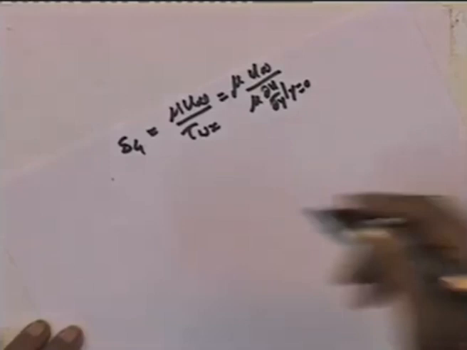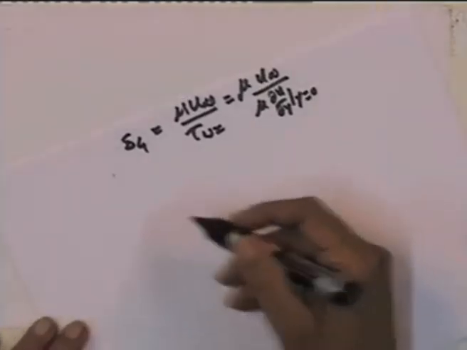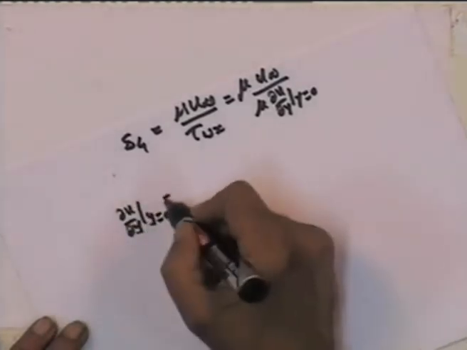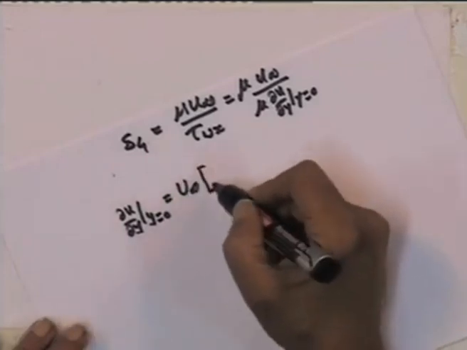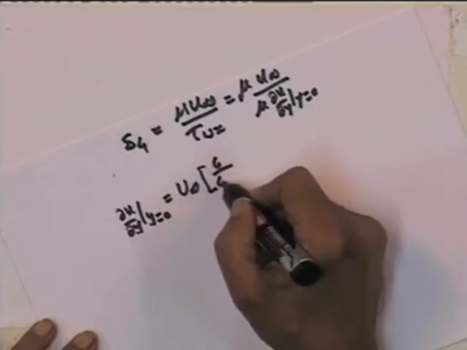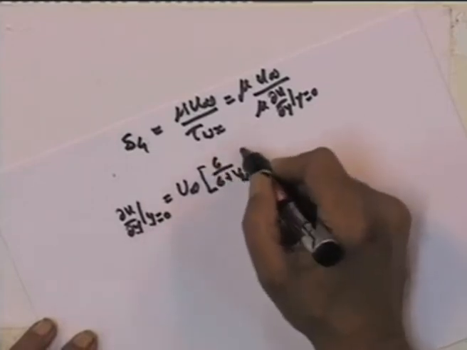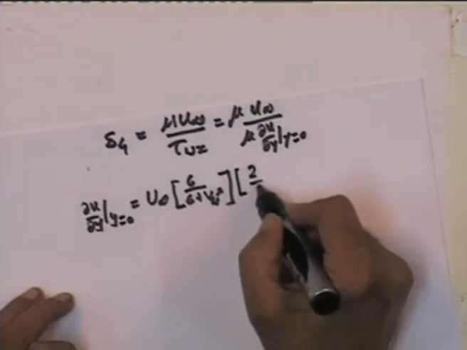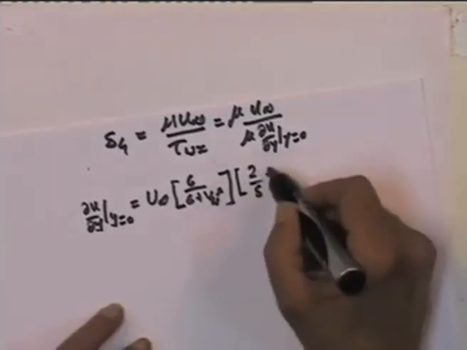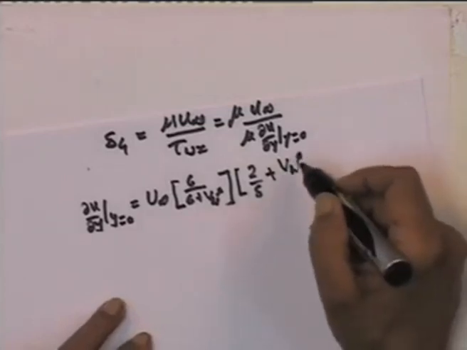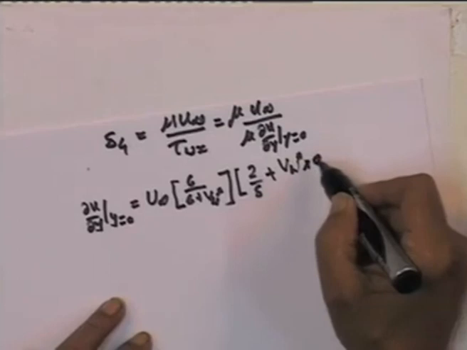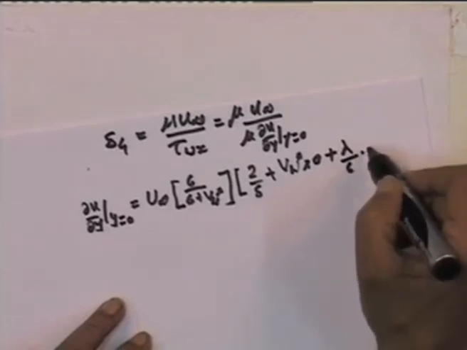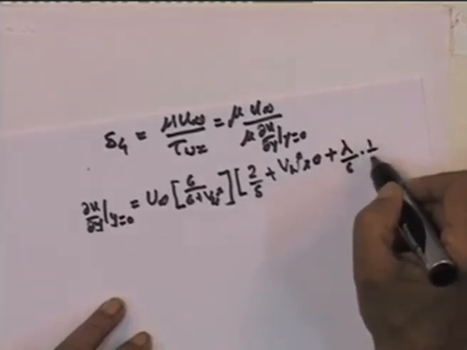Now, if we look at our velocity equation, then you will see du by dy at y equal to 0 will become equal to u infinity into 6 over 6 plus v w star into 2 by delta, plus v w star into 0, plus lambda by 6 into 1 over delta.